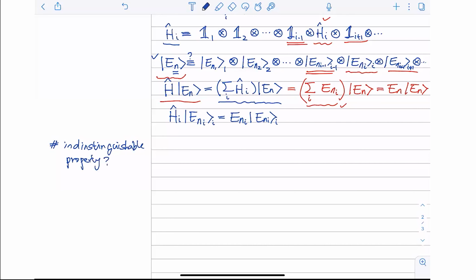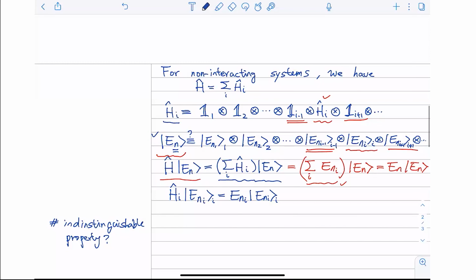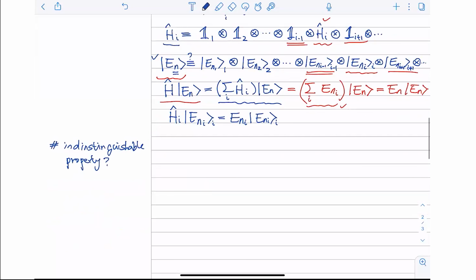As we have done previously in the two-particle system, we ask, can we symmetrize or anti-symmetrize the wave function?